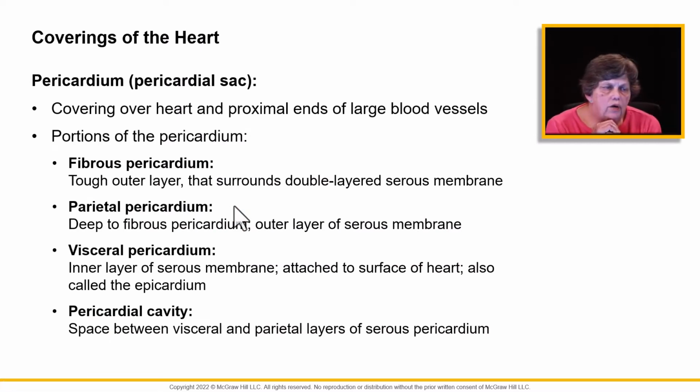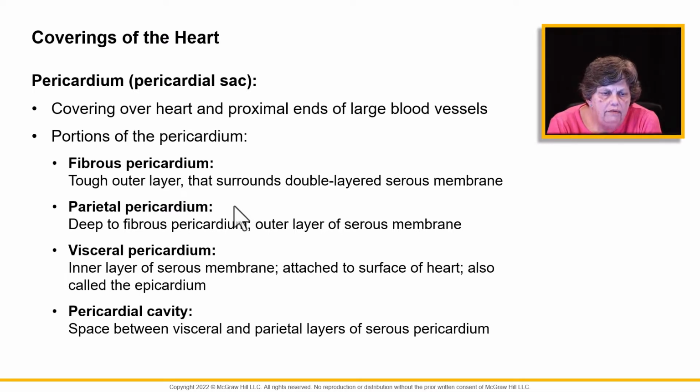All right, so we have a few coverings of the heart, and the terms for them are pretty universal, in terms of parietal and visceral and that sort of thing. So I'm going to go through this. You have the tough outer layer that surrounds this double layer serous membrane, and that is the fibrous pericardium.